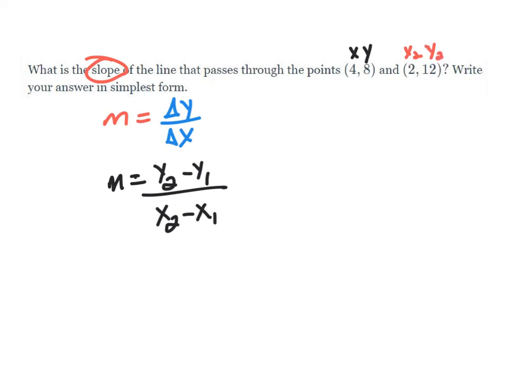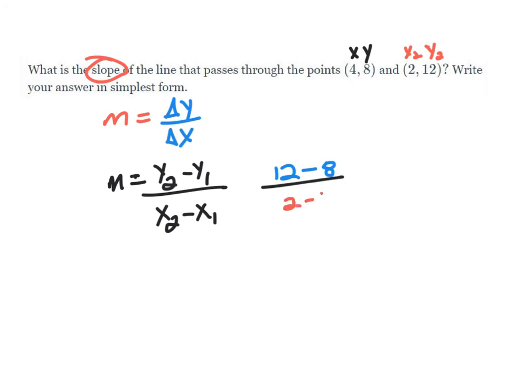All right, so if we just plug that in, we're going to start with 12, y2 minus y1, 12 minus 8. So 12 minus 8 over, and then since this was y2, we have x2 minus x1, so 2 minus 4.